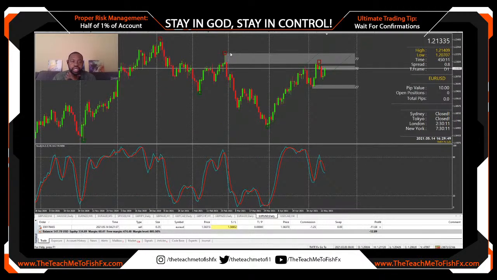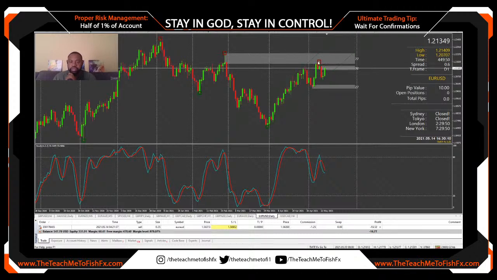When we take a look at the daily, we have this daily supply zone that has been respected. Price left here, barely got into it and was rejected, came back in and gave us some nice rejection here.